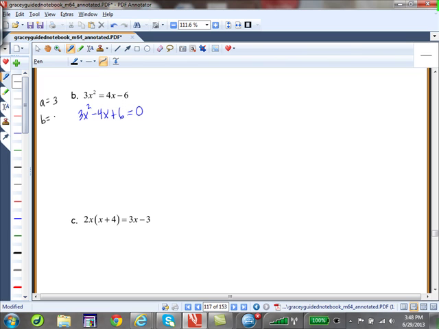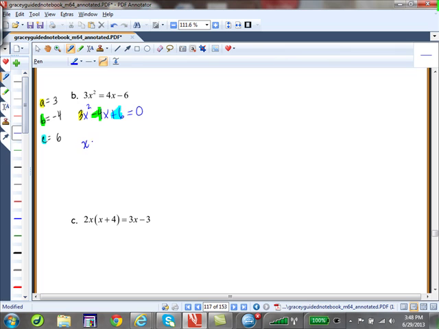My b is awesome, negative 4. And my c is positive 6. And again, I got that from, you got to wait till the equation's in standard form. I brought the sign with the 4, and we've got c right here.